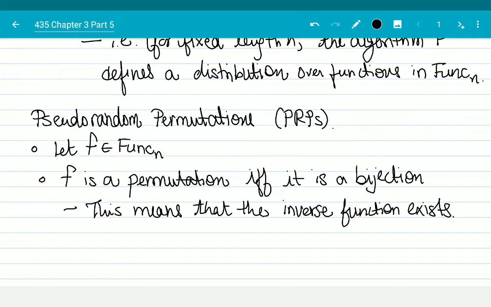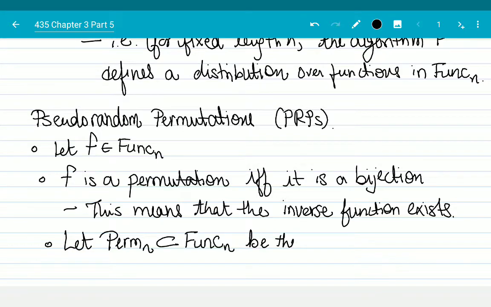Okay. So let Perm_n be the subset of Func_n, the set of permutations.